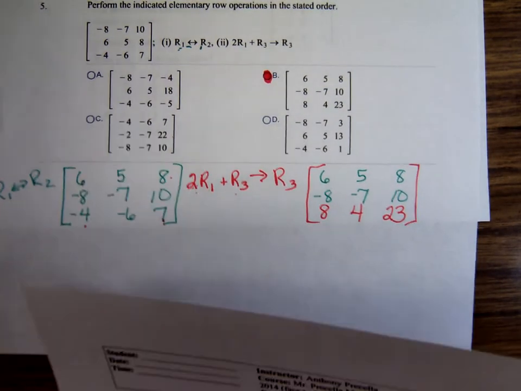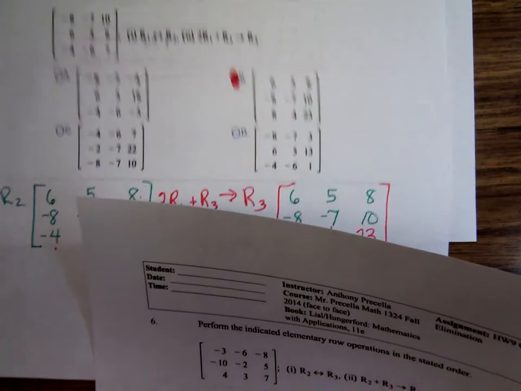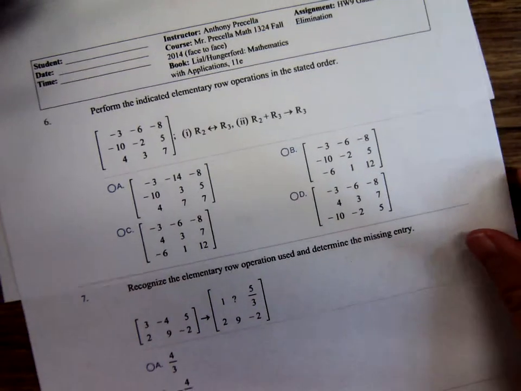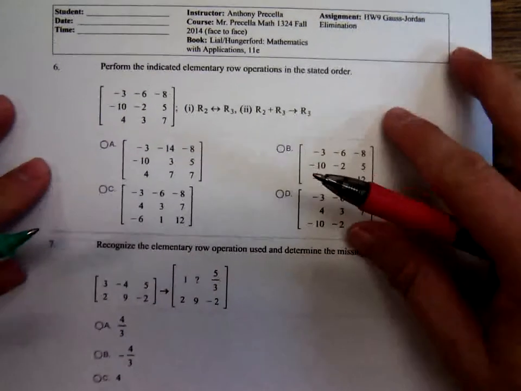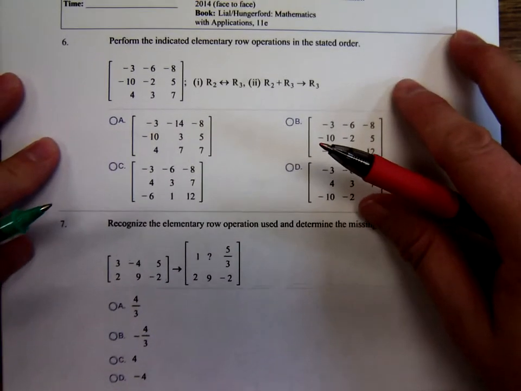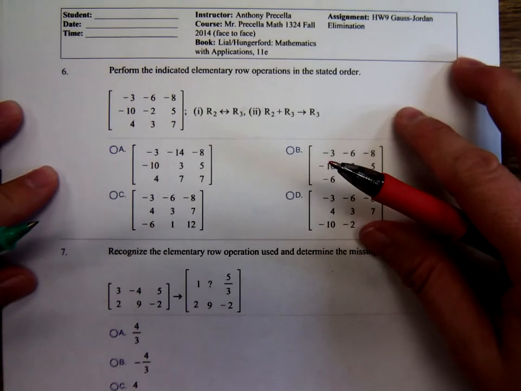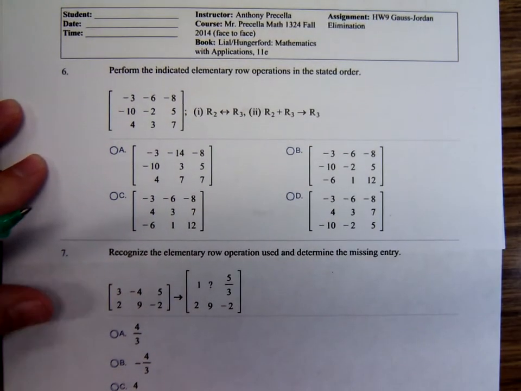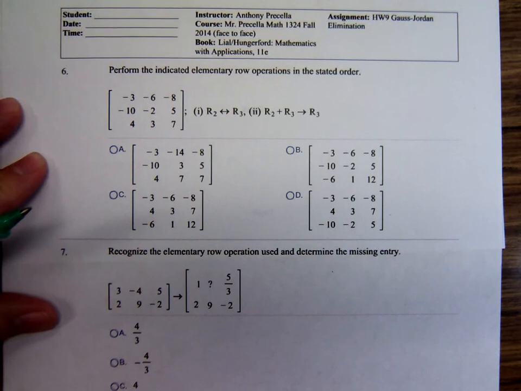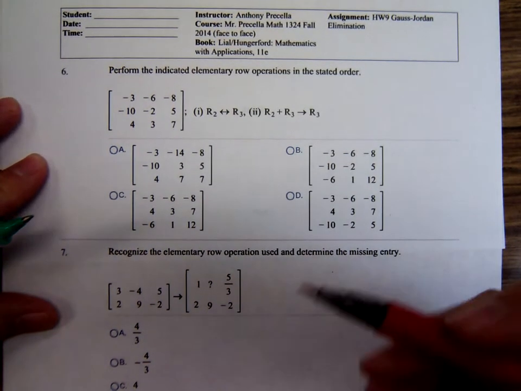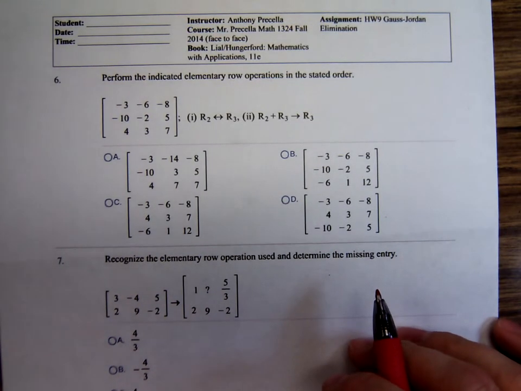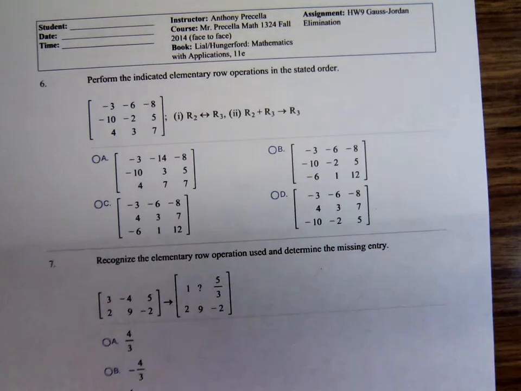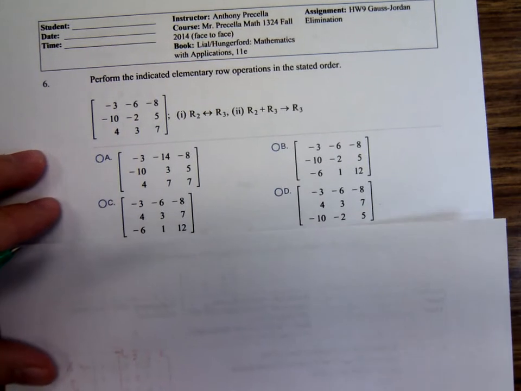Let's try number 6, similar. Problem number 6. Okay, it says perform the indicated elementary row operations, oh, it's the same instructions. Okay, let's see, where do I want to do this one? Here's my scratch paper.